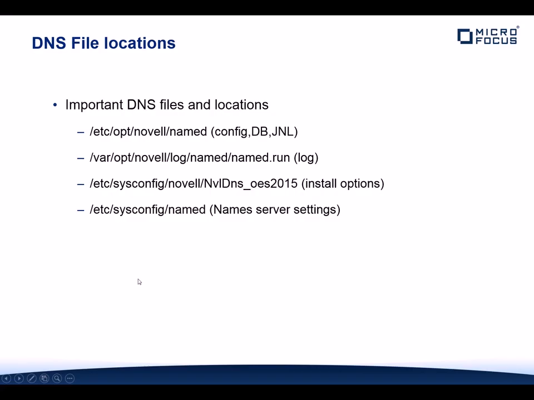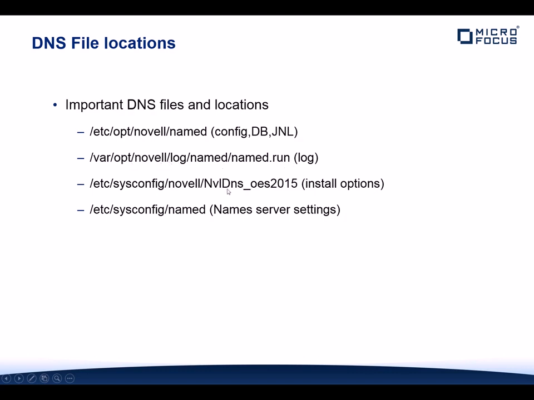Here are some path and file locations for the DNS server. In /etc/opt/novell/named, you'll find all the config files, the database files, and the journal files. Then the log, which is important to troubleshoot, is located in /var/opt/novell/log/named, called named.run.